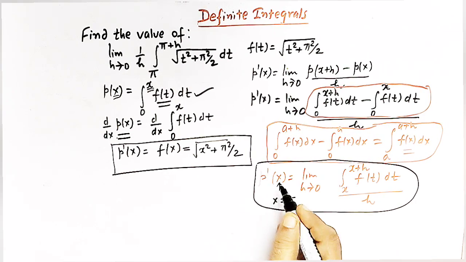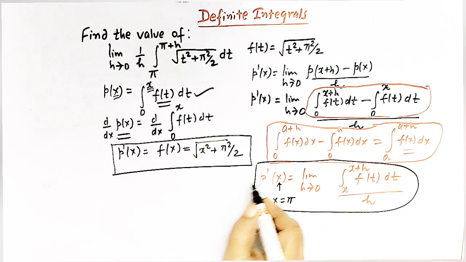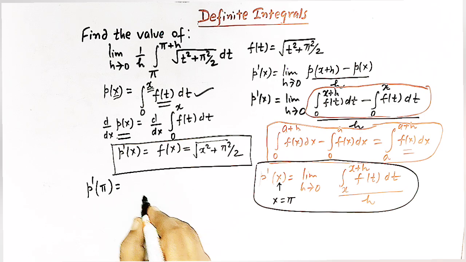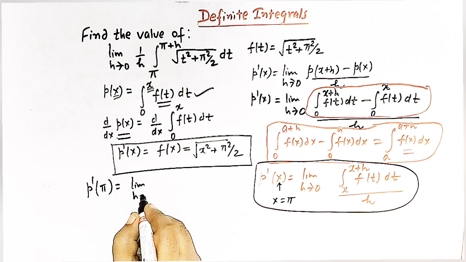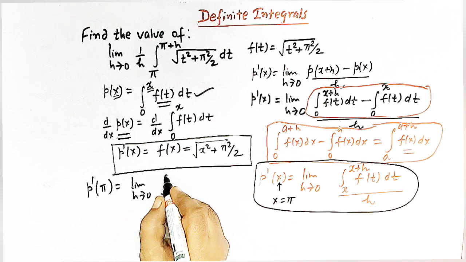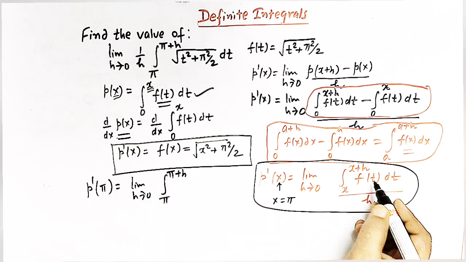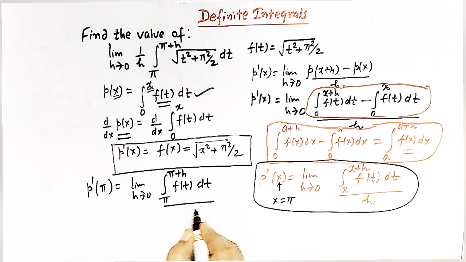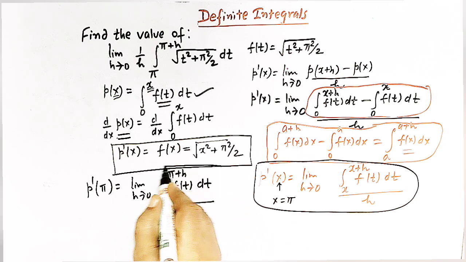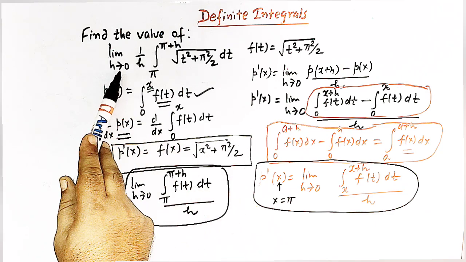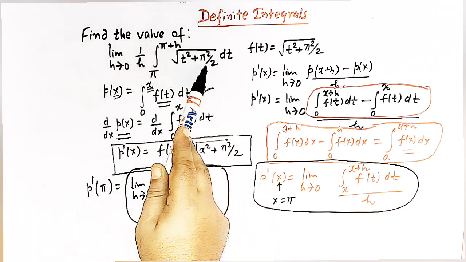When we replace x by pi, we get p prime of pi as the limit h tends to 0 of the integral from pi to pi plus h of f of t dt divided by h. And this is the expression whose value is to be calculated.